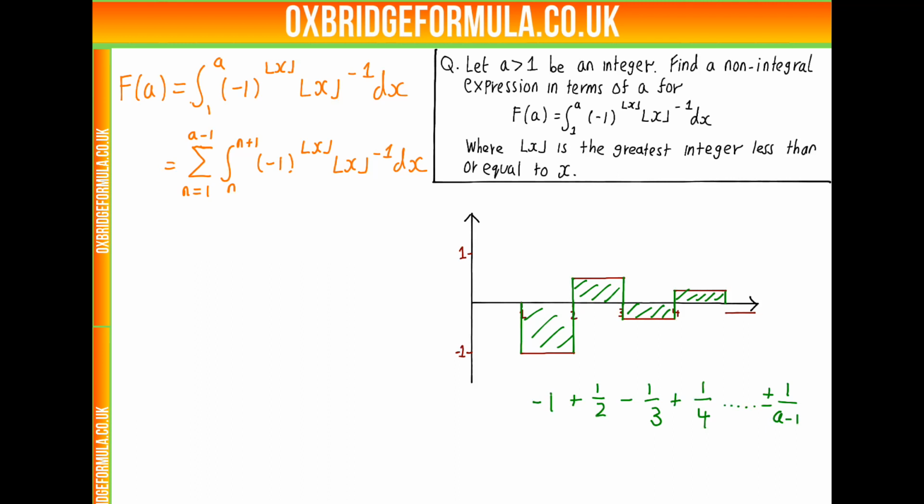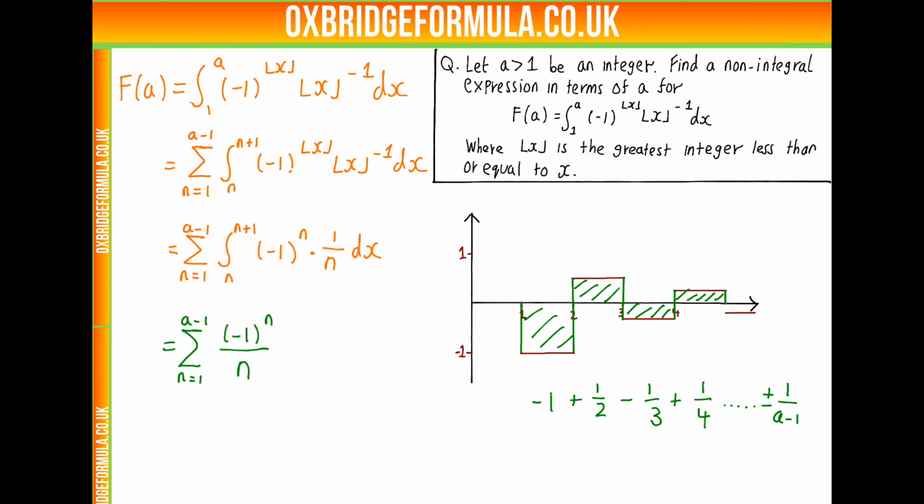So how does this help? Well, we know that for x between n and n plus 1, floor of x is just n. So we can just replace all the floors of x by n's, and now we're integrating a constant along an interval of size 1, so we just get the constant.